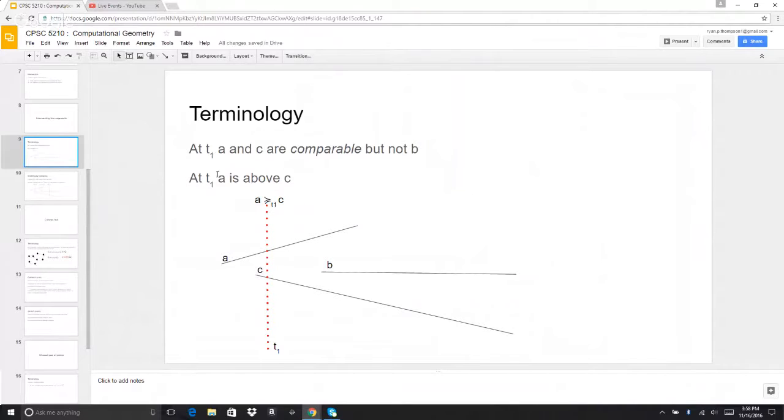So again, let's review. At T1, A and C are comparable, but not B. Think about this terminology. You have T1, which in this case actually represents time. This is one of the few algorithms that we'll explore in these 4 sections that actually takes time into account. All the other algorithms really deal with fixed point sequences.